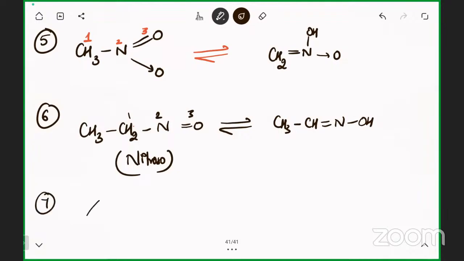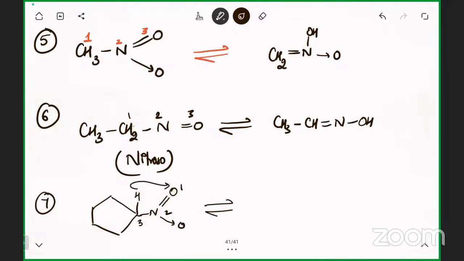One more example we are taking. Now the compound formed will be, see, this is 1, this is 2, this is the third atom. So the hydrogen will transfer to this particular position, double bond to here. This will be the answer.